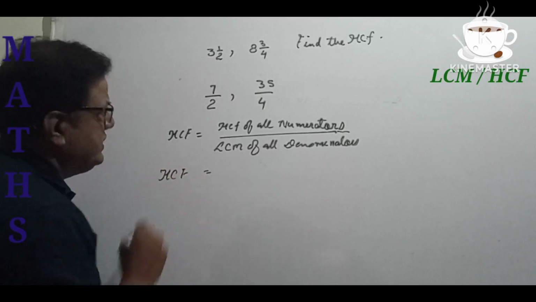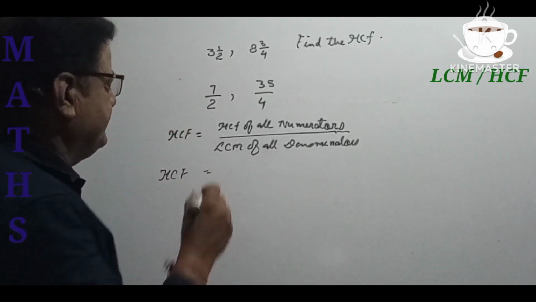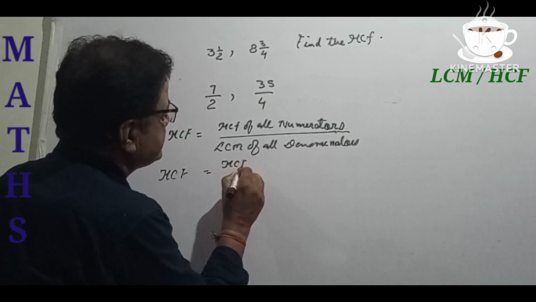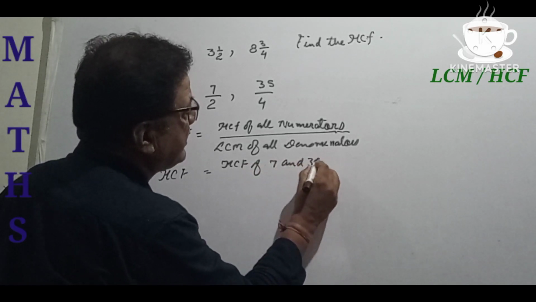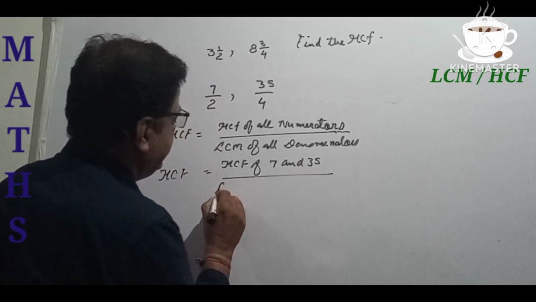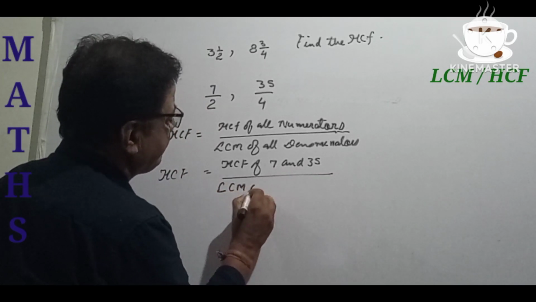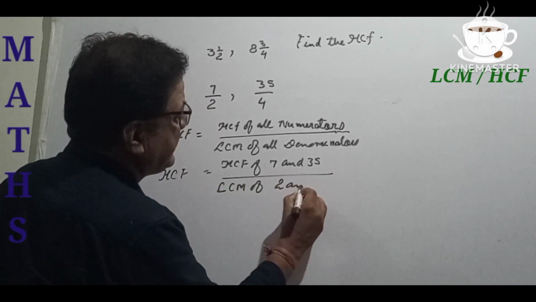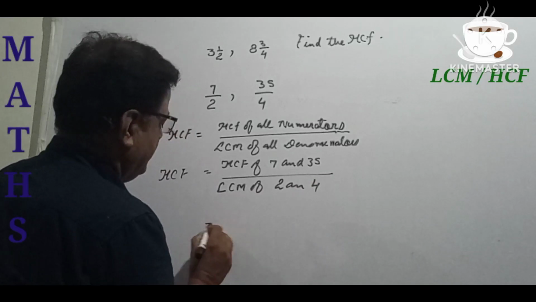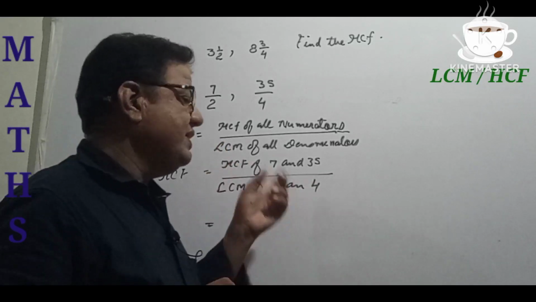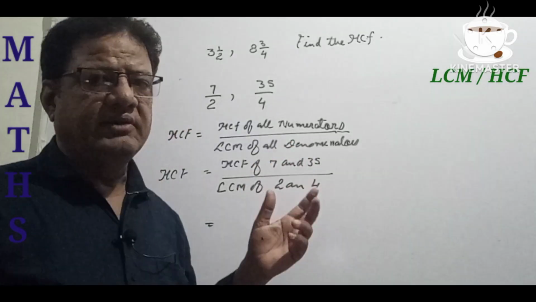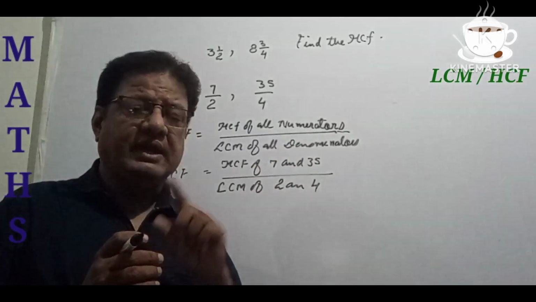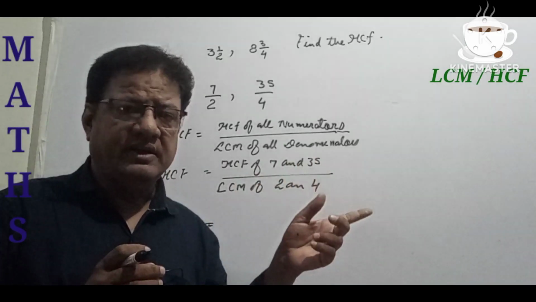Now we see the SCF of 7 and 35 and the LCM of 2 and 4. Here two numbers are given. We see that 7 can divide 7 itself and 35 too.